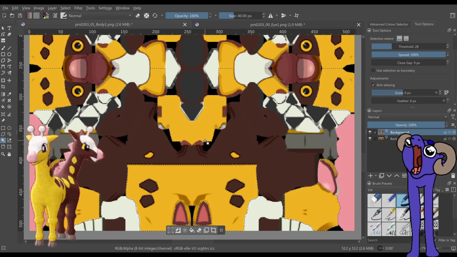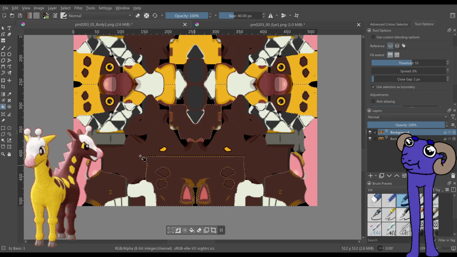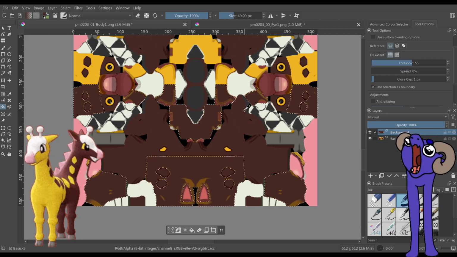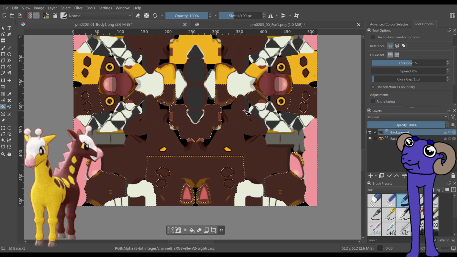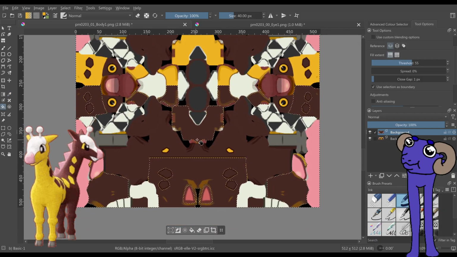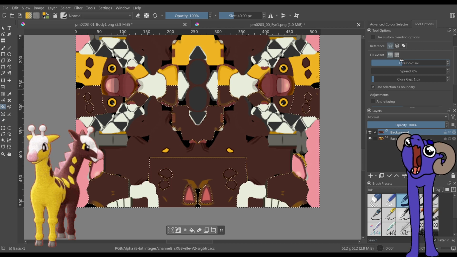These spots won't be visible. So we're going to do that. And then, oh, invert the selection. Oh geez. Maybe with less threshold.